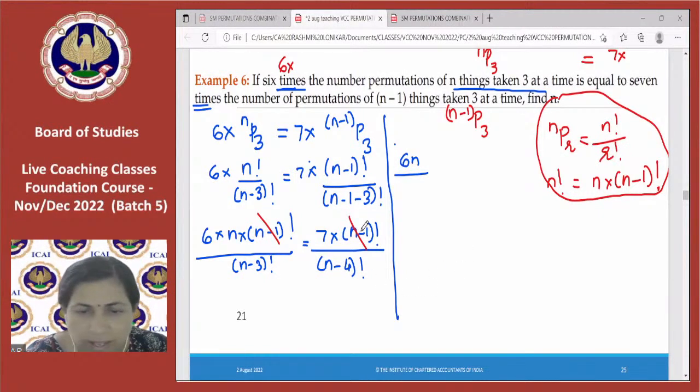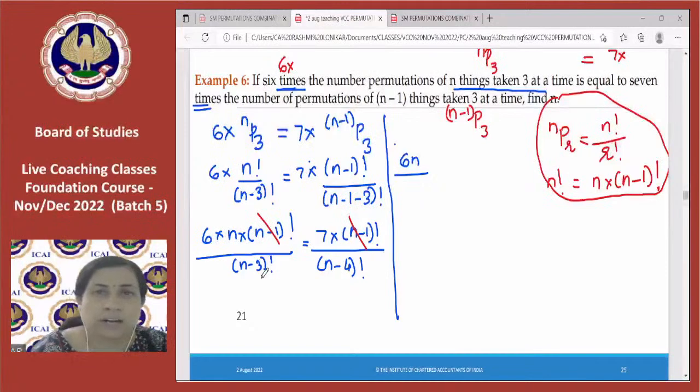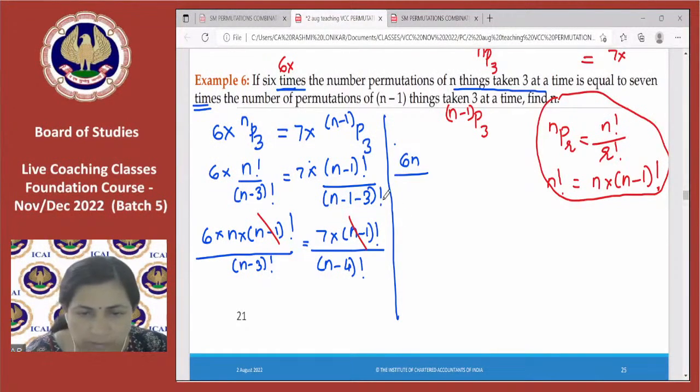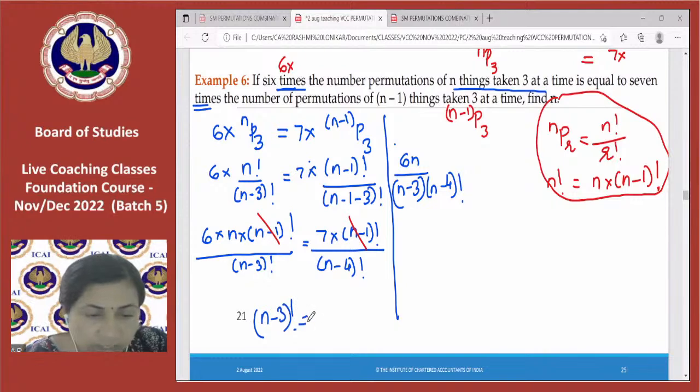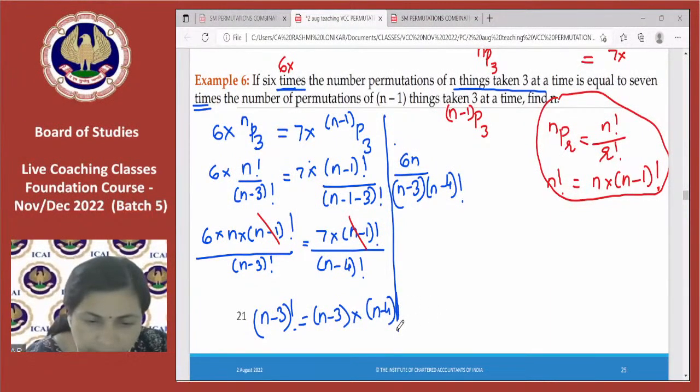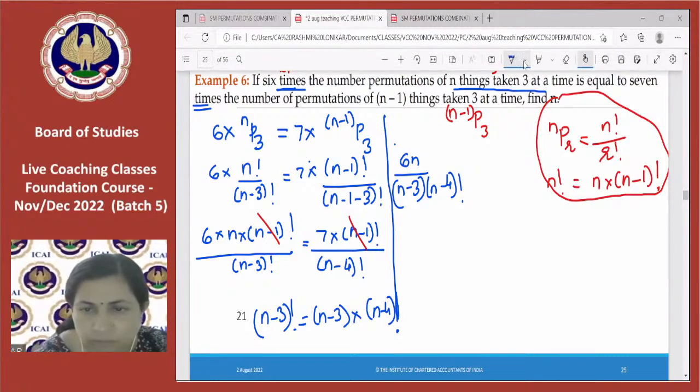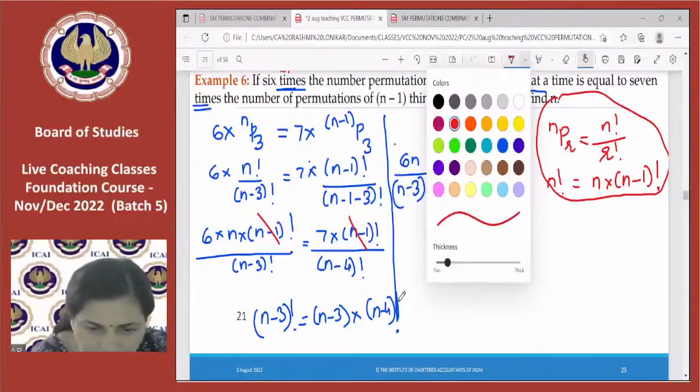So I will write it in terms of n minus 4. (n minus 3) factorial can be written as (n minus 3) into (n minus 4) factorial.